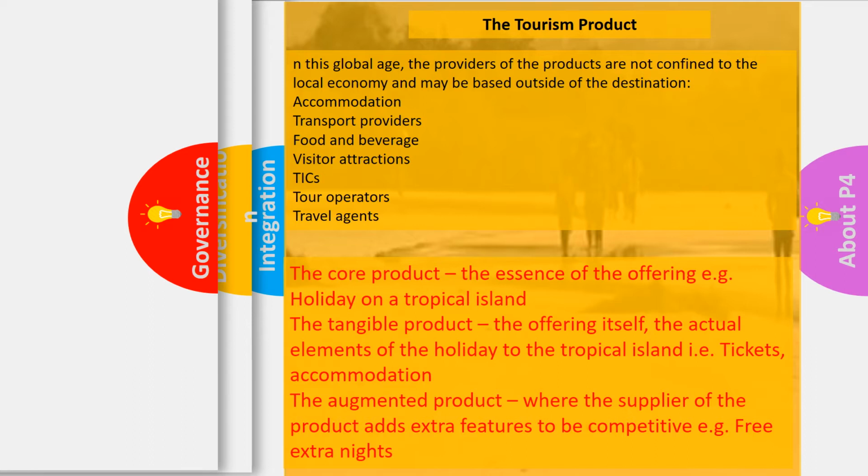Then you've got the augmented product, where the supplier of the product adds extra features to be competitive, free extra nights, for example. And also, the augmented product is part of the branding. Who you go with and why you actually go with them. Which airline are you flying with? Why are you flying with that airline? The augmented product is also the branding.